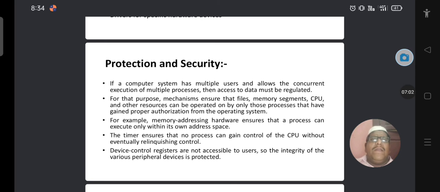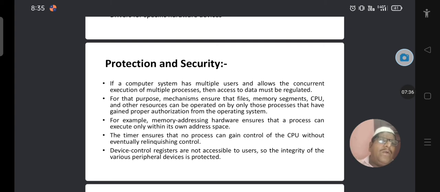For that purpose, mechanisms ensure that files, memory segments, CPU, and other resources can be operated on only by those processes that have gained proper authorization from the operating system.